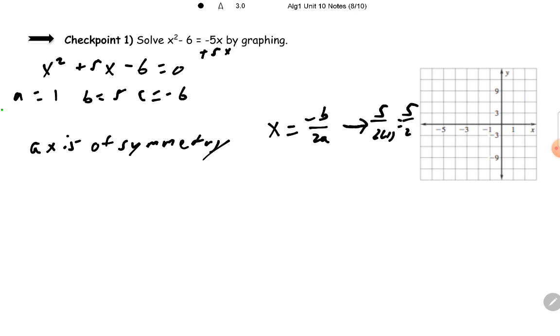So here, between 2 and 3, is our vertex. Now we need to plug it in, so substitute 5 halves, or 2.5, into the equation.